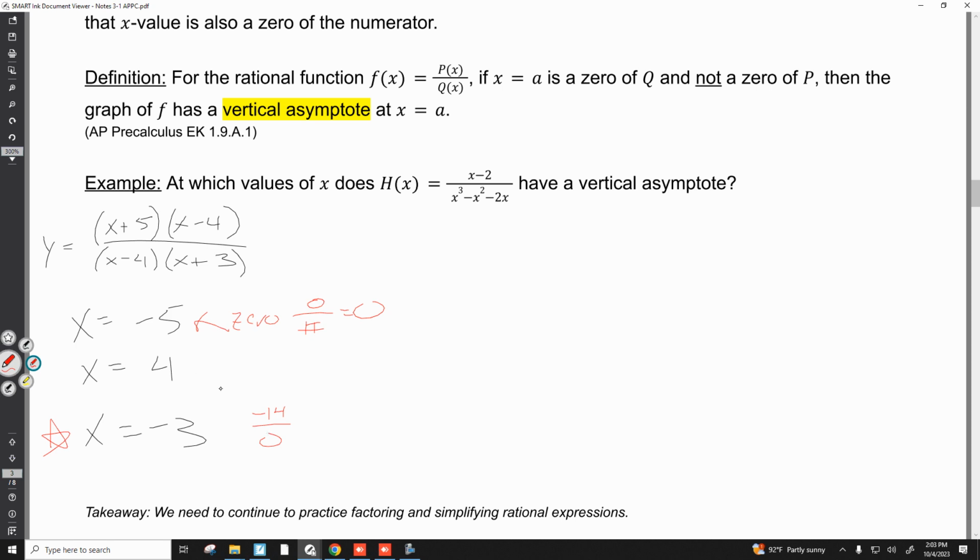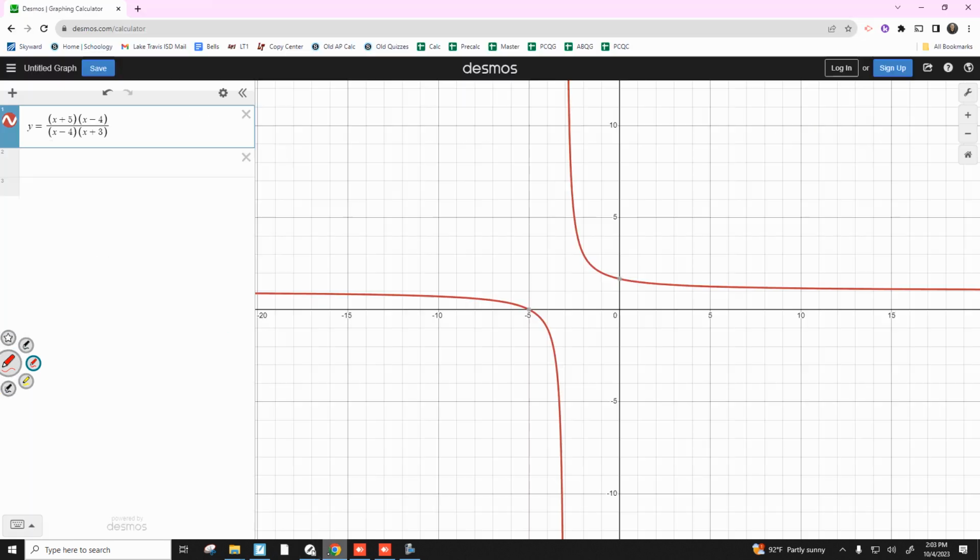Okay. Now, the question is, 0 over a number equals 0. I know this is undefined, but I had two situations for undefined in this graph. At -3, I have this kind of undefined, a vertical asymptote.